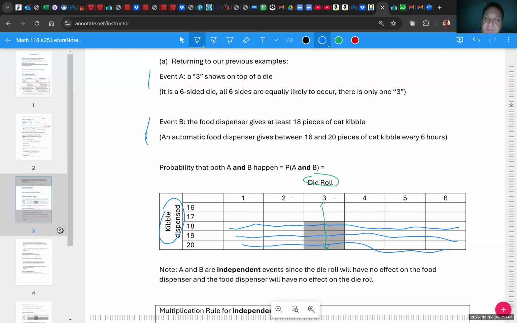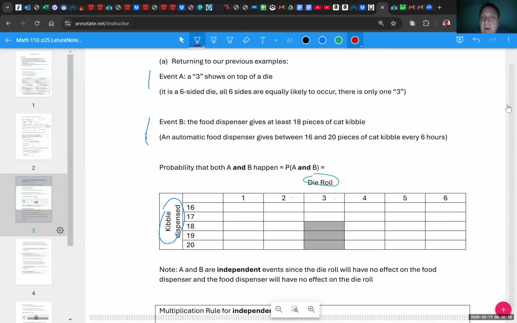I don't know if this is more distracting than not, but there is 1 out of 6 of the die roll that we like, and 3 out of 5 of the kibble dispense that we like, that would match our probability of both happening. So I'm going to show you a couple ways to think about this, just to help you understand a little bit more what's going on here.